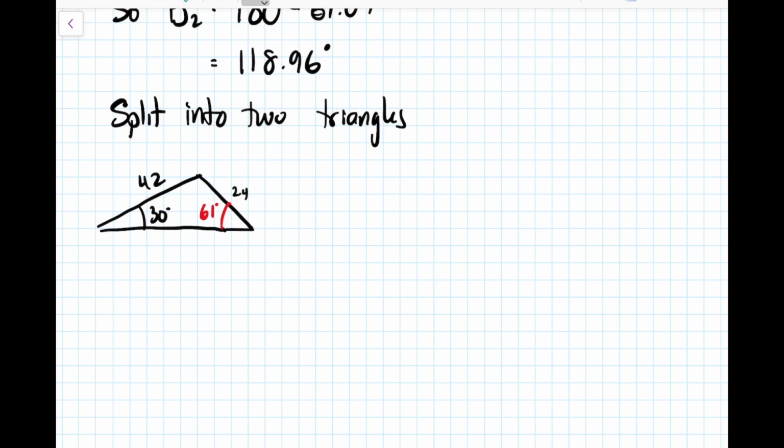Our second triangle has the same setup, but now the 24 side is going to be pointing back this way. And so we've got 42, 24, 30 degrees. And this time it's going to be the 119 degrees. So these are the two triangles that we're working with now.